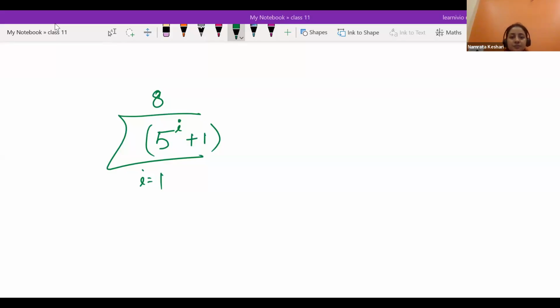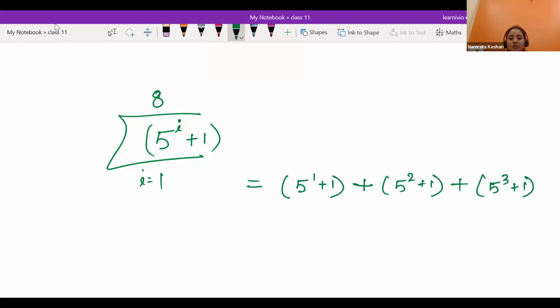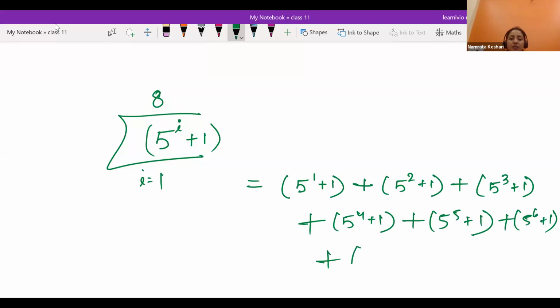Let's do it together. So actually we are having 5 to the power I plus 1. That means we are having 5 to the power 1 plus 1, plus 5 to the power 2 plus 1, plus 5 to the power 3 plus 1, plus 5 to the power 4 plus 1, plus 5 to the power 5 plus 1, plus 5 to the power 6 plus 1, just like that till 5 to the power 8 plus 1.